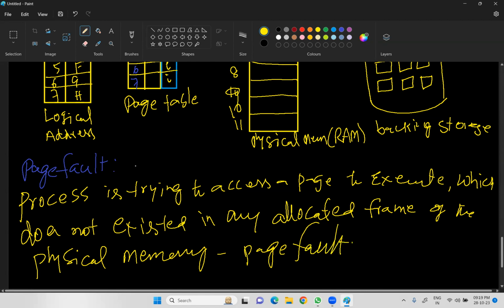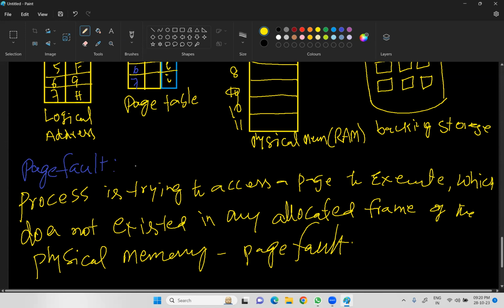A page fault occurs because the operating system does not allocate you enough frames. Operating system does not allocate enough frames to you, therefore a page fault occurs.